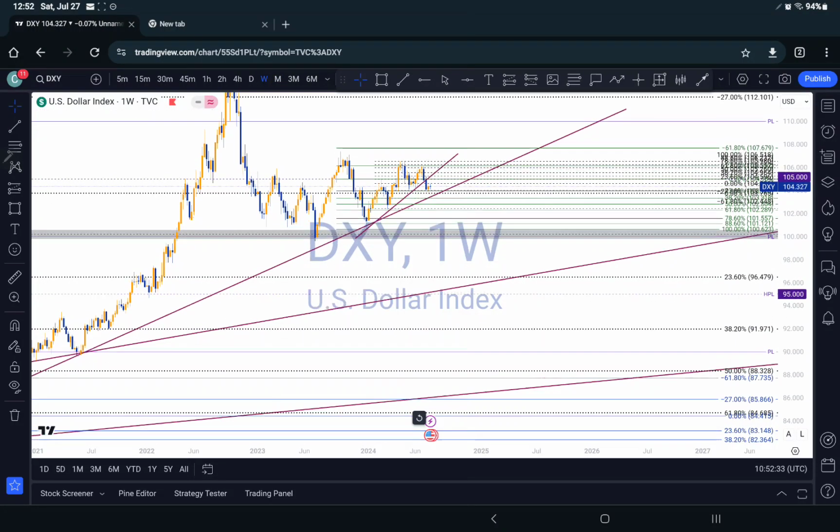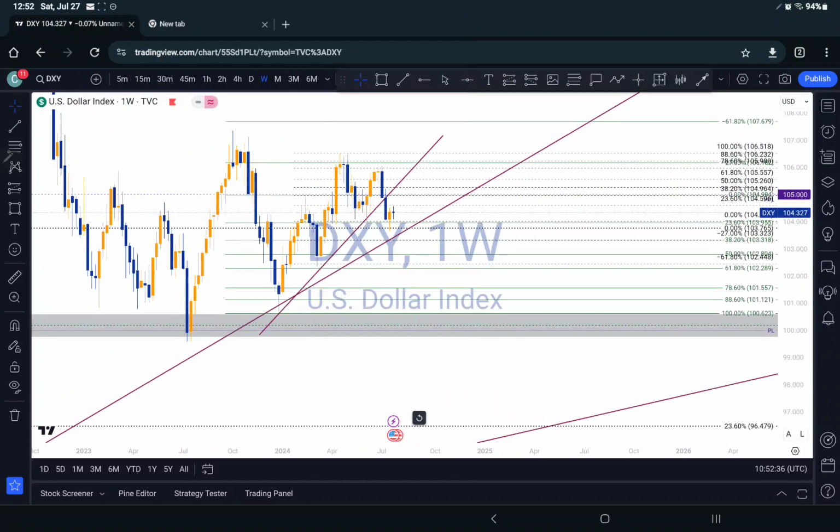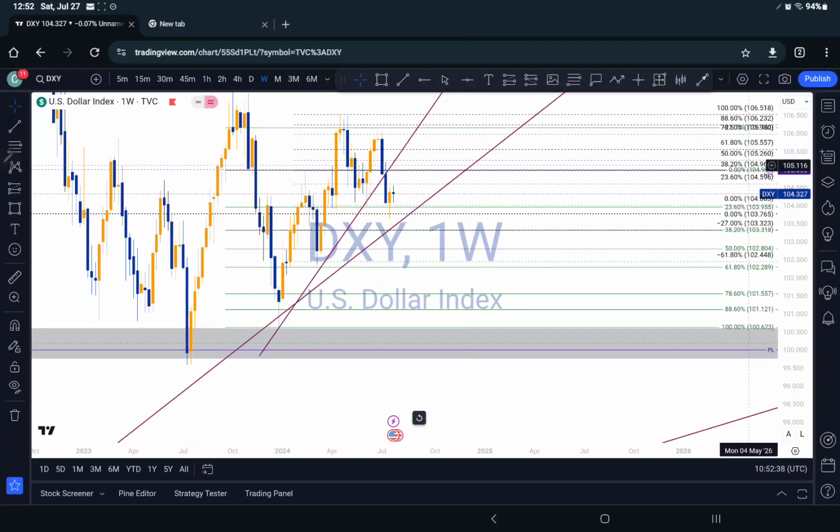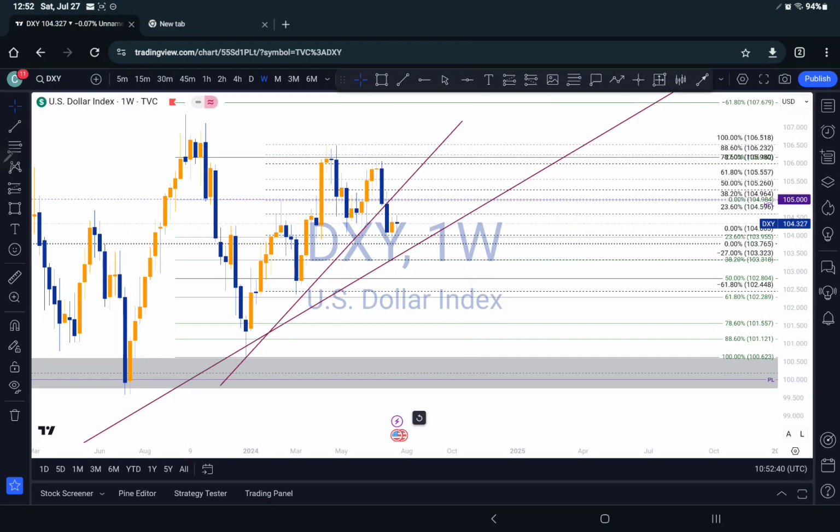Let's go to my weekly time frame. You can see that based on my previous analysis on the XY, I'm predicting the XY to push to the downside. We can see right here that we had this M pattern, which is a reversal chart pattern.